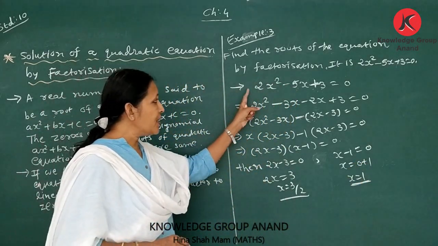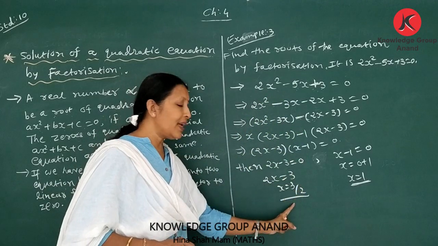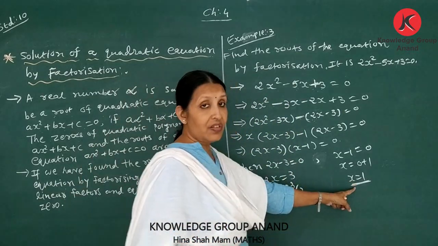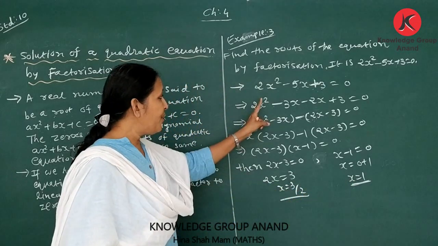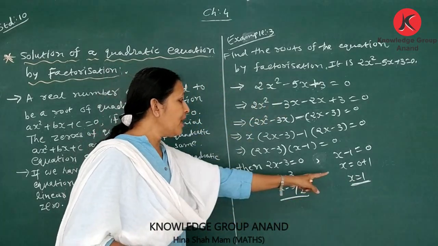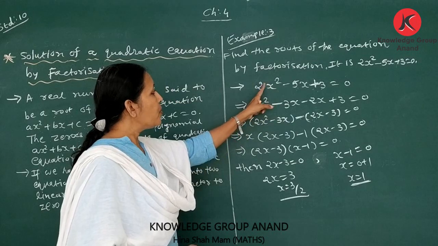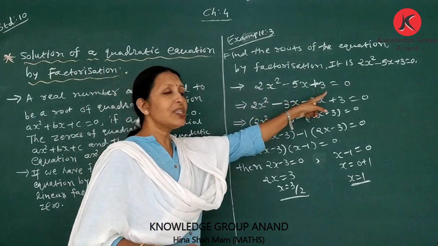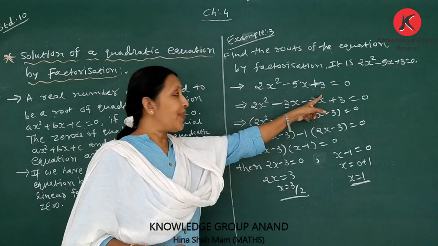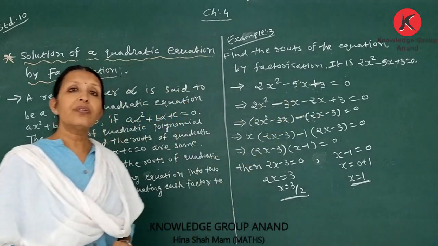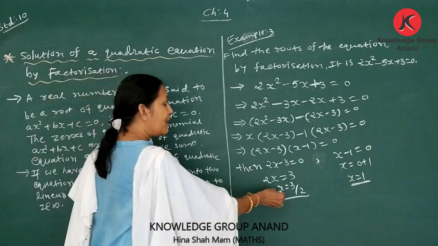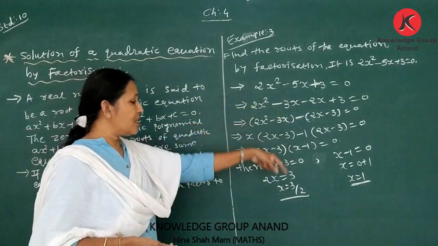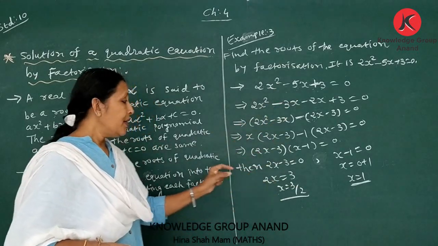We solved this equation by factorization and got x is equal to 3 by 2 and x is equal to 1. We verify: put x equal to 1, then 2 into 1 square minus 5 into 1 plus 3 is 2 minus 5 plus 3, which is 0. Then put 3 by 2; it also gives 0.